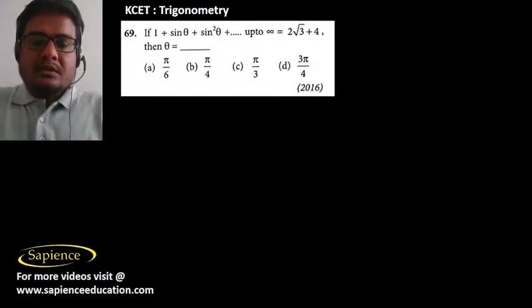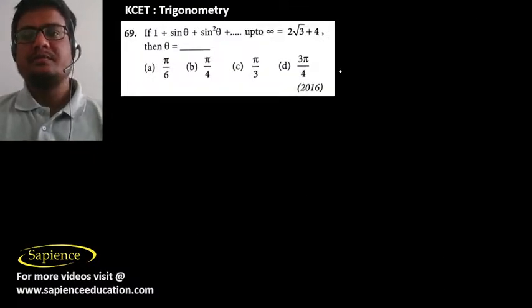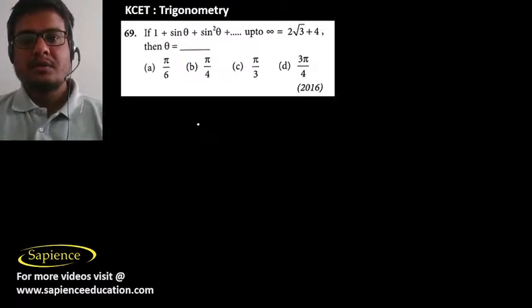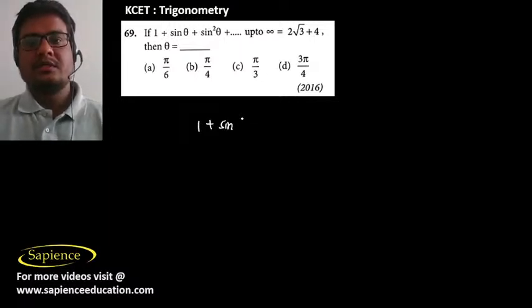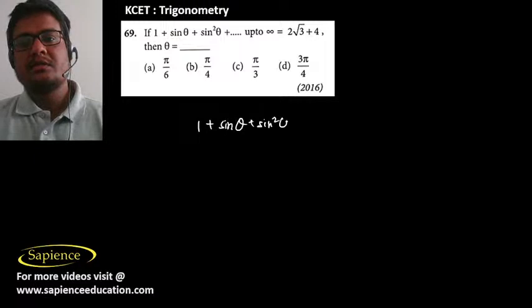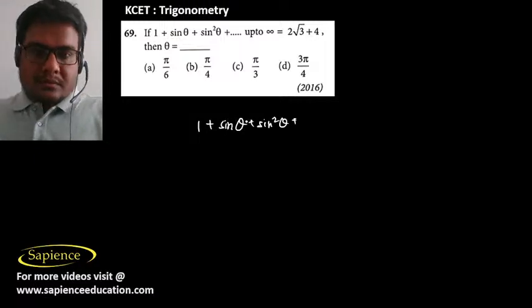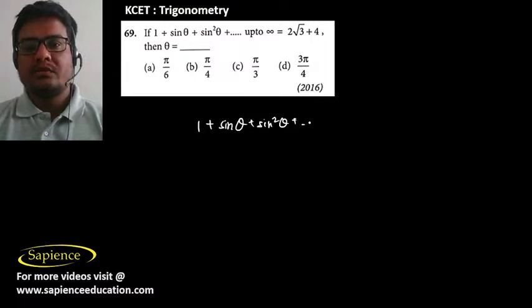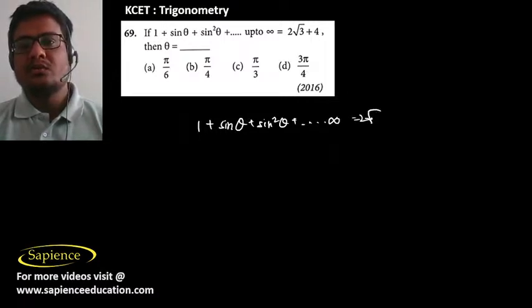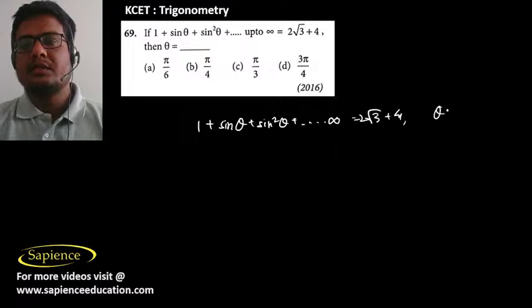Now here in question number 69, it has been told that if 1 plus sine theta plus sine square theta plus up to infinity is equal to 2 root 3 plus 4, then theta is equal to how much?